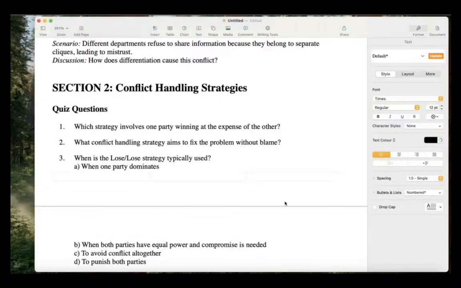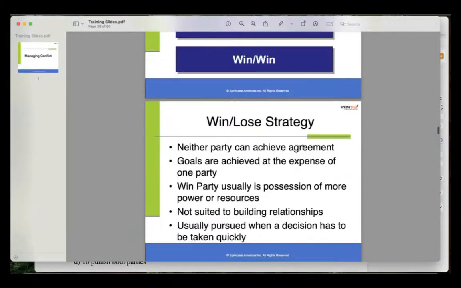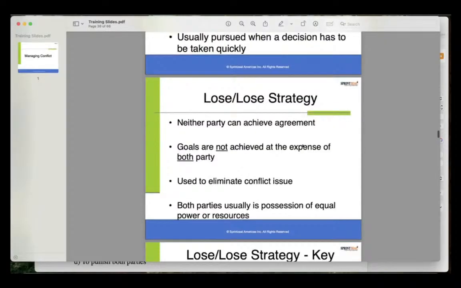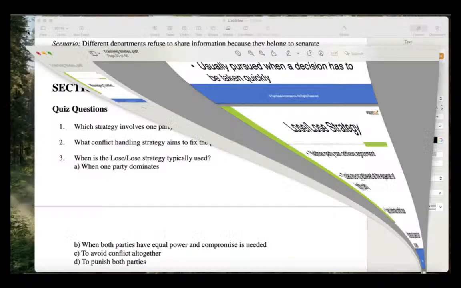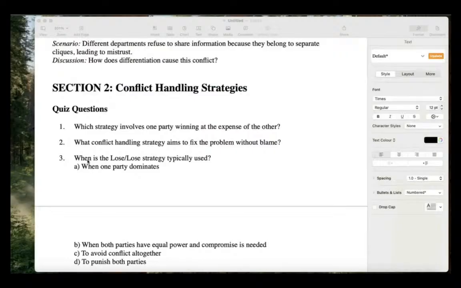Let's see. The lose-lose strategy is here. Neither party can achieve agreement. Goals are not achieved at the expense of both parties. Once more, let's see what the question is. It says, when do we use this basically? When one party dominates, when both parties have equal power and compromise is needed, to avoid conflict altogether, and to punish both parties.